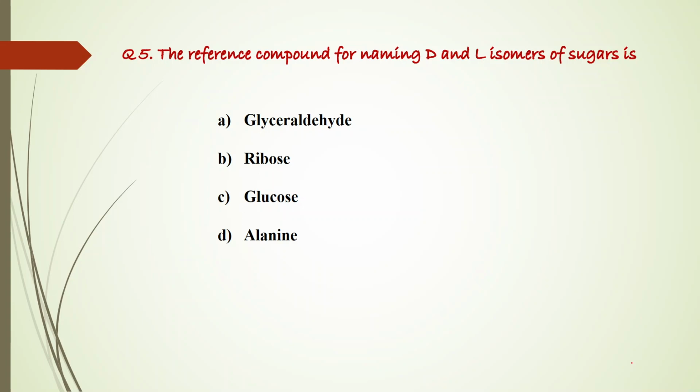You have to identify the reference compound based on which this nomenclature has been derived. Option A is glyceraldehyde, B is ribose, C is glucose and D is alanine. You have to select the correct option. You can write your answer in the chat box if you know it. Based on what was the initial classification of D or L done? That is your question.